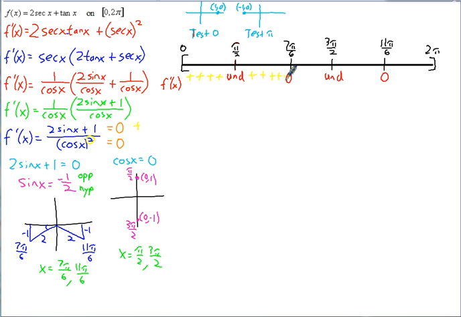Now you've got kind of a small interval here, 7 pi over 6 to 3 pi over 2. What can we test on that interval? Well, you have a couple options there. Probably the easiest one to test, you could test either one there. Let's say we test 5 pi over 4, that would be in between those. We can also use 4 pi over 3.